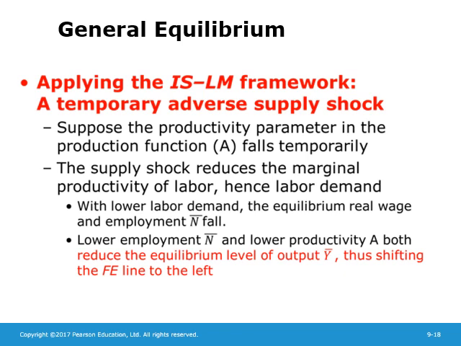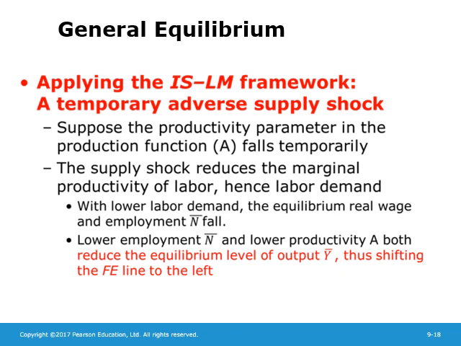Again, get back to chapter 3, the labor market equilibrium. When we have a lower MPN, what happens to the demand for labor? It decreases. Labor demand is downward sloping, and labor supply is upward sloping. When labor demand decreases, what happens to the real wage and the level of employment?